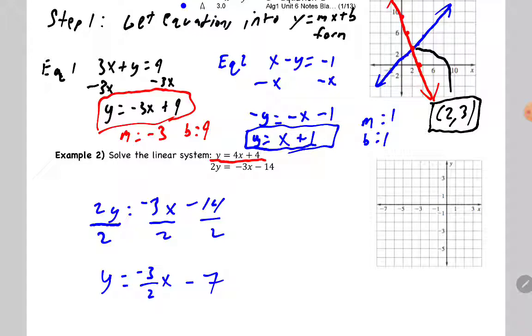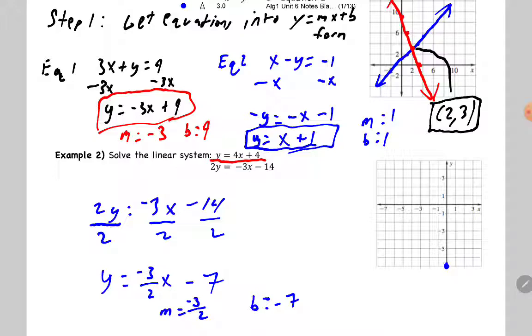Okay, so let's do the slope of the blue line. Slope is negative 3 halves, and my y-intercept is negative 7. So we're going to go down 7: 1, 2, 3, 4, 5, 6, 7. Make a dot. My slope would be telling me down 3, right 2.